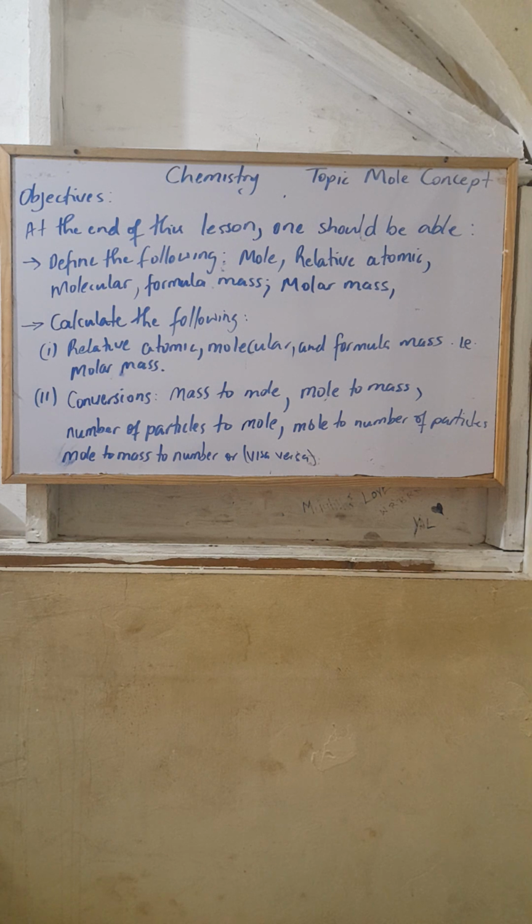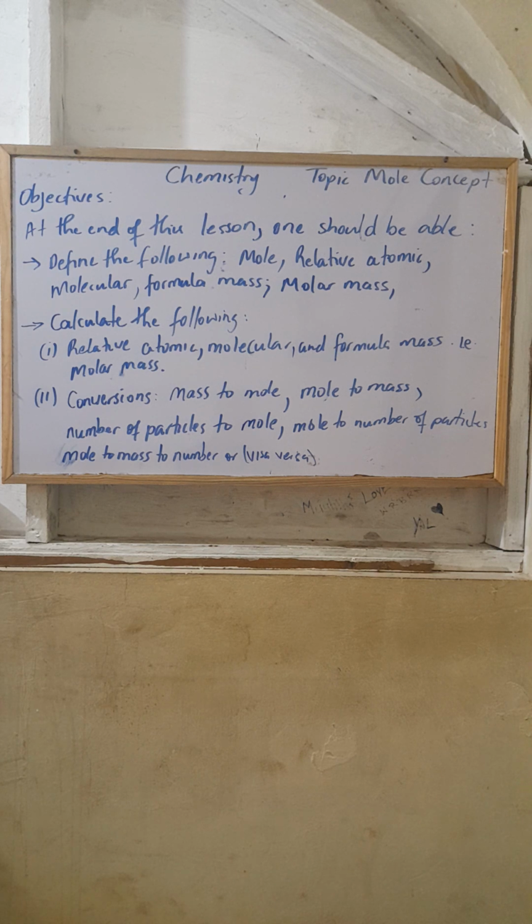And so the definition, we could say a mole is the amount of substance that contains the same number of particles, 6.0 times 10 to the 23 atoms, as there are atoms in 12 grams of carbon-12.